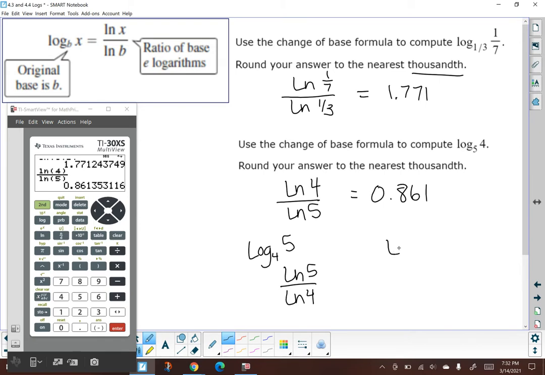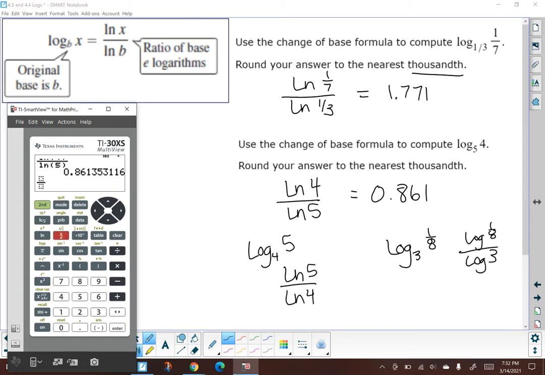If we did something like the log base 3 of 1/8, something like that would give us a negative answer. So log 1/8 over log 3. Yeah. So don't be surprised if you get a negative answer. Negative answers are totally possible.